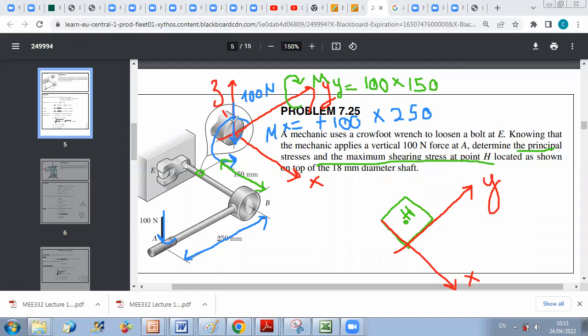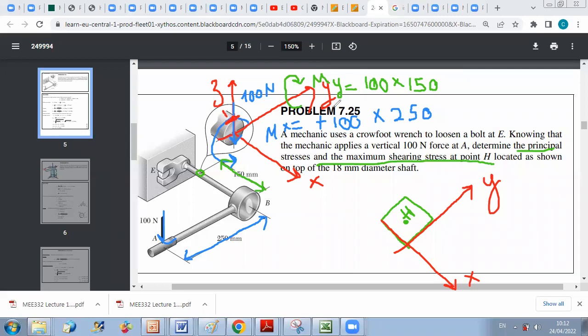But because point H is at the top, at the free surface, this shear force will not lead to development of shear stress at point H. So no shear due to the transverse 100 Newton force, because as we have seen together in this chapter, if I consider the top points on the free surface, Q is 0, so no shear stress due to the shear force of 100 Newton at this point.